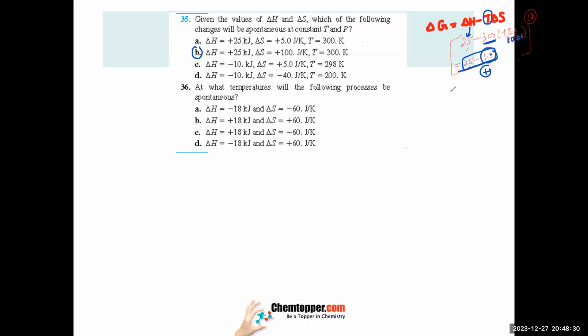You're doing the B part, children. Delta H is 25. Delta S is 100 and temperature is 300. So 300 times 100, this is in joules. Divide by 1000. Is this answer negative or positive?